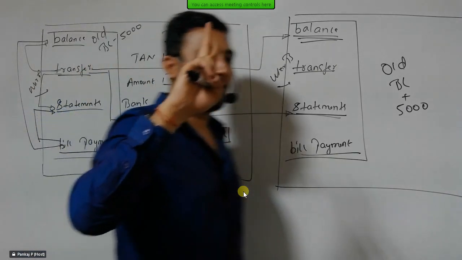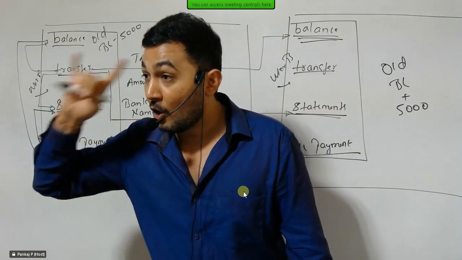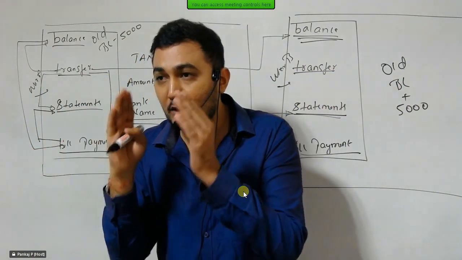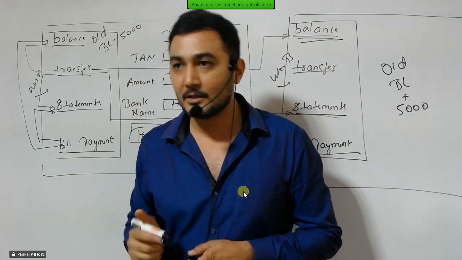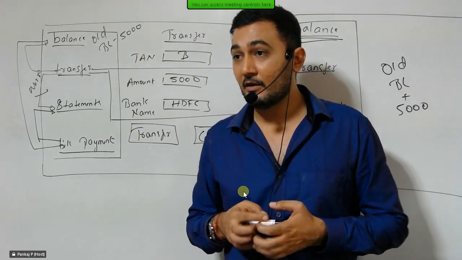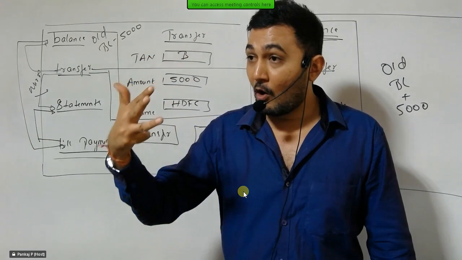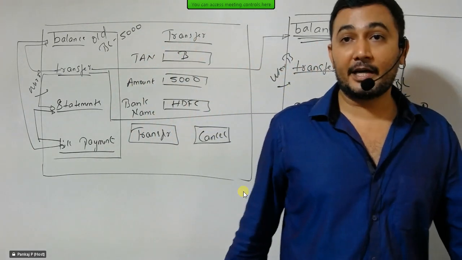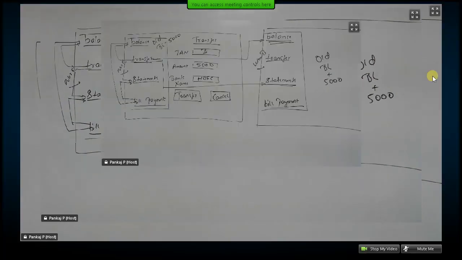Testing whether the data flow between two features is happening successfully or not is called integration testing. Read the definition once again loudly. Testing the data flow between two features or modules in an application is called integration testing.